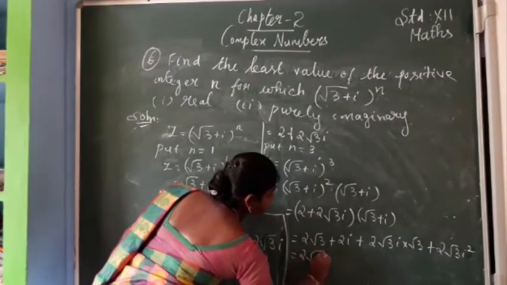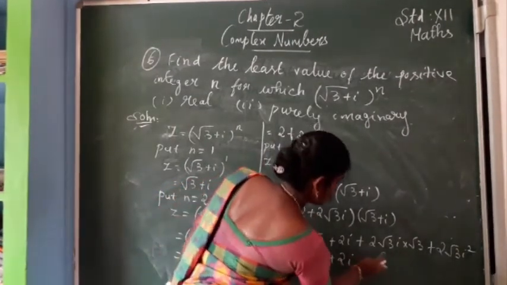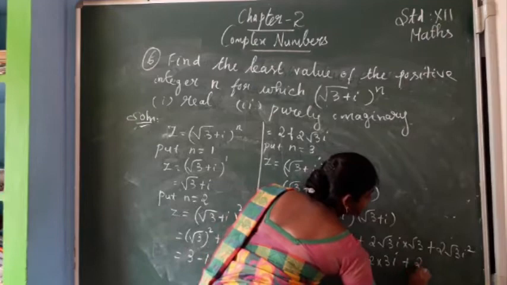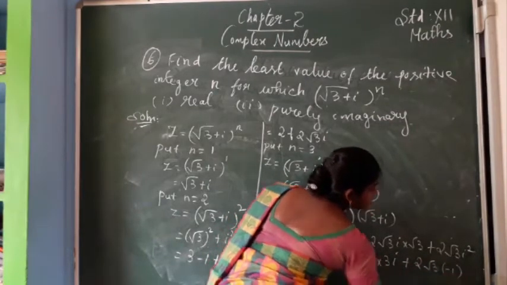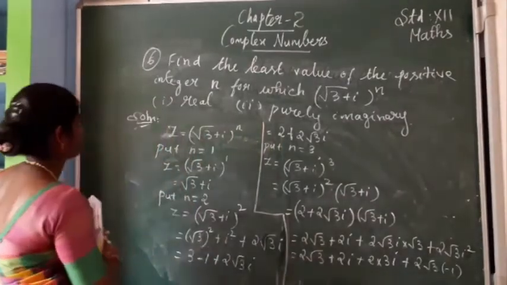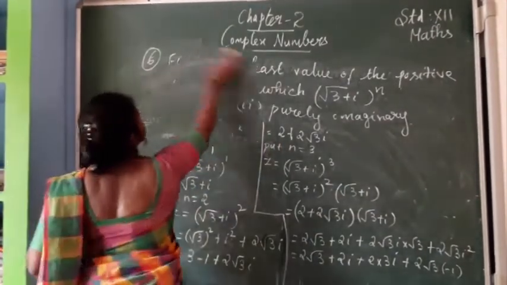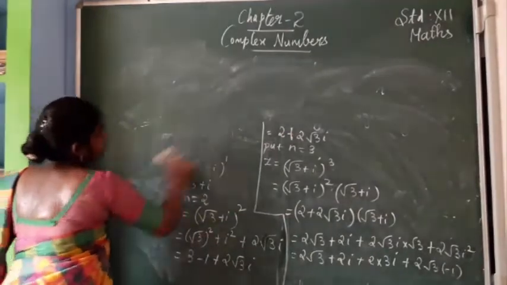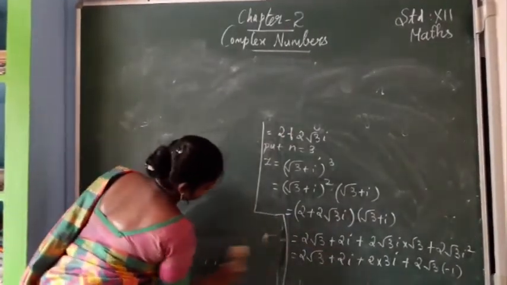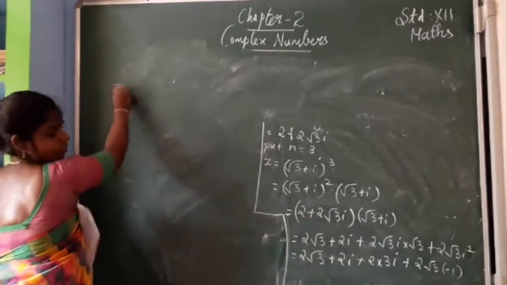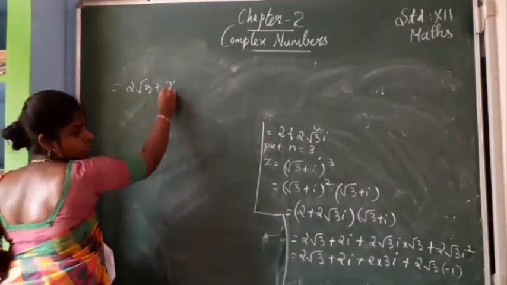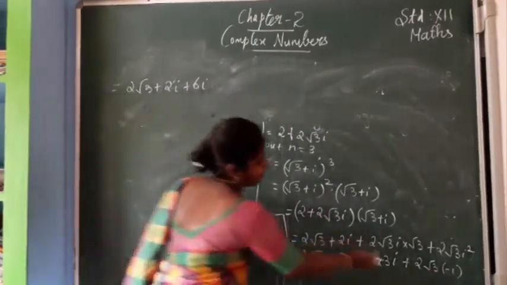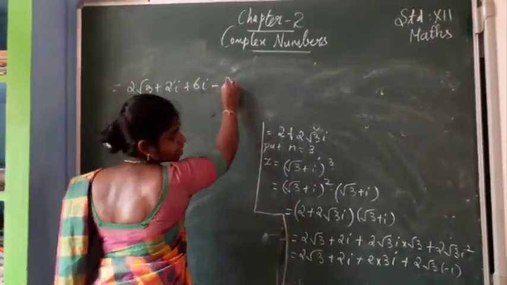That's equal to 2 root 3 plus 2i, 2 root 3 into root 3, the value is 3, so 6i, plus 2 root 3 into minus 1, since i square value is minus 1.